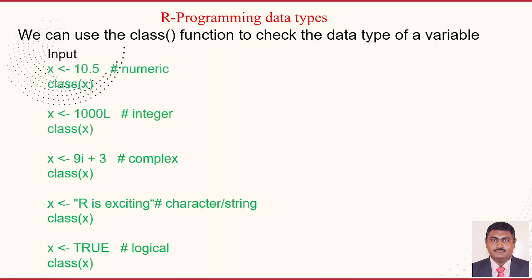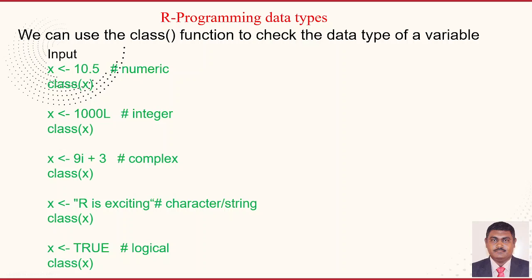Now let us see some of the input functions used in R programming. x tends to 10.5, so it's numeric data. The class of x, you can see the output is numeric. Similarly, x tends to 1000L, it's integer. x tends to 9i plus 3, so it is complex. x tends to "R is exciting", class x. x tends to TRUE, logical.